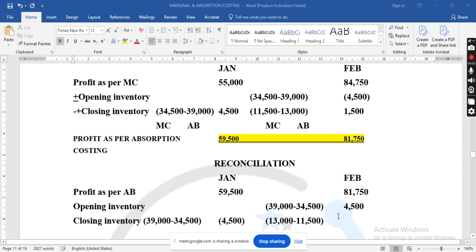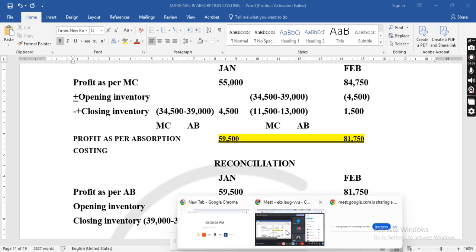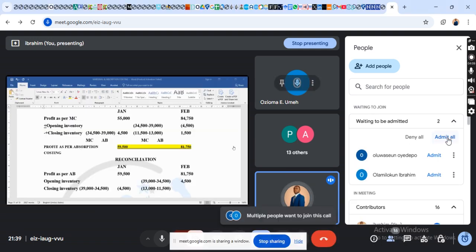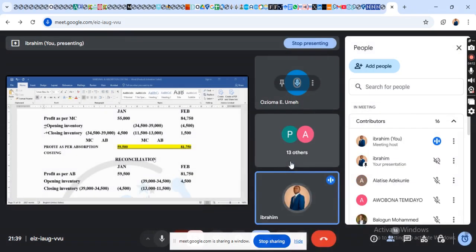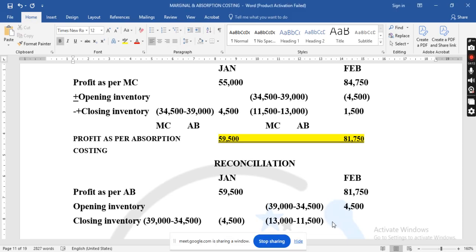Now you see that absorption costing comes first. If the closing inventory of absorption costing is greater, you subtract.